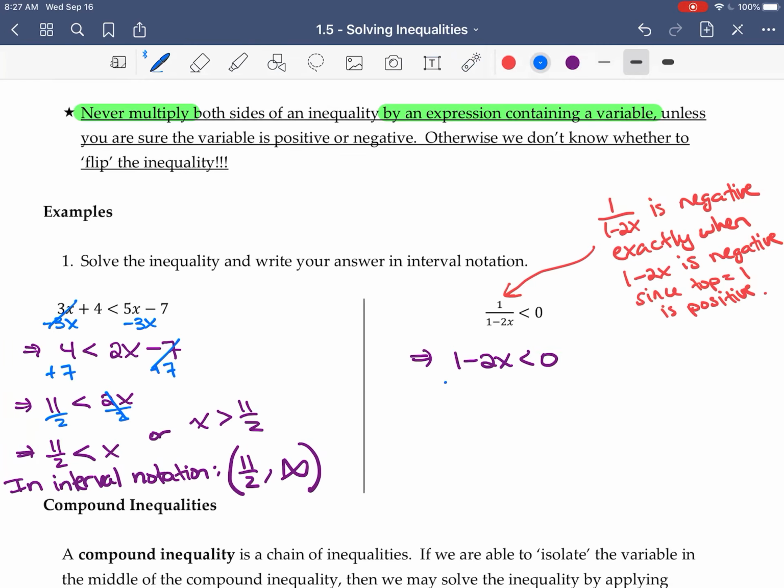So I can move the 1 over to the other side by subtracting. That's going to give me negative 2x is less than negative 1. And now I want to divide by negative 2, so that means I have to flip.